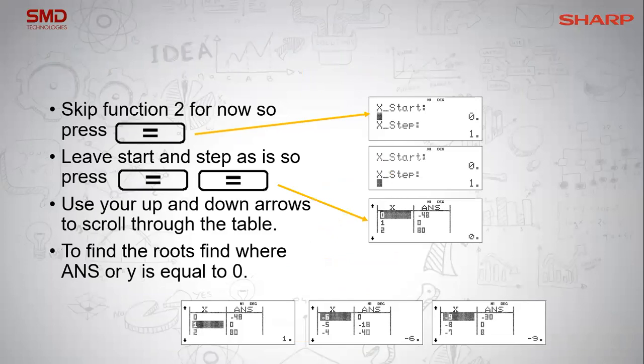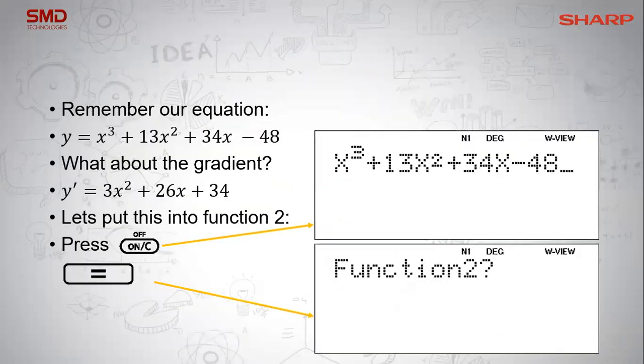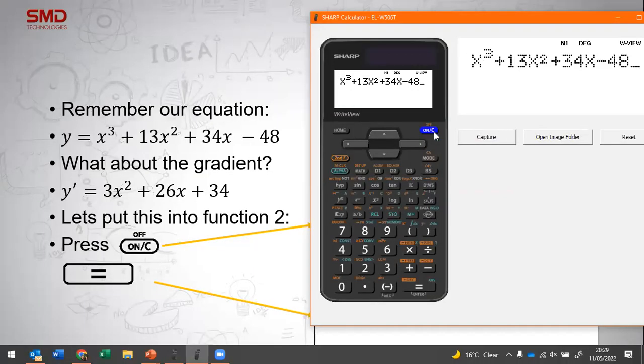So from here, what we could do is, I want to put into function 2 the derivative of my original graph. Okay, so I'm going to do that quickly and share both screens so you can see. So I'm going to press on once, which gives me my original graph, and I'm going to leave it there.